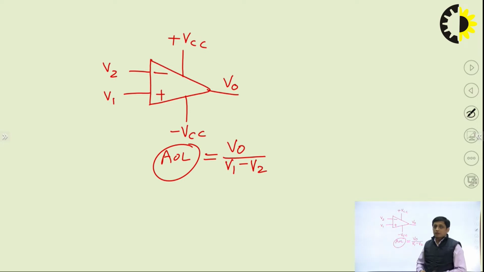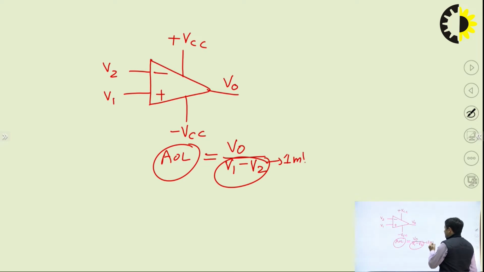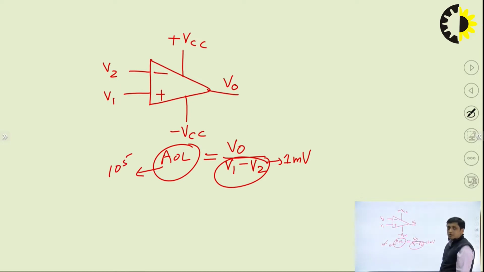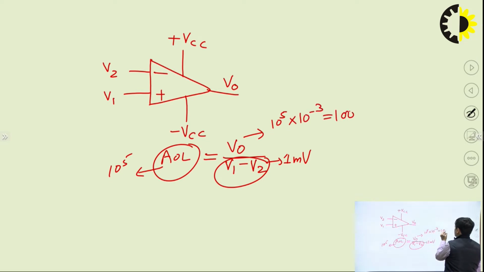If the input voltage is 1 millivolt, I am just taking one example, and let's take AOL, the open loop gain, as 10 to the power 5, then what will be the output voltage? We can calculate: V0 will be 10 to the power 5 into 1 millivolt, that is 10 to the power minus 3 volt, that is equal to 100 volt.